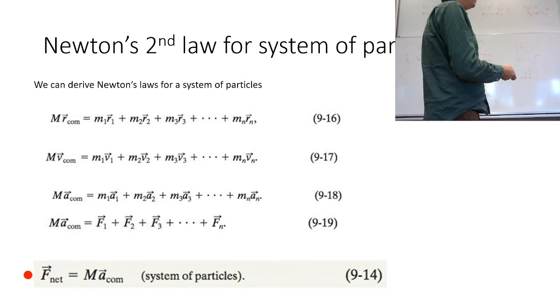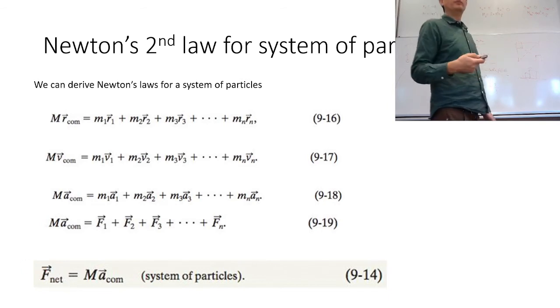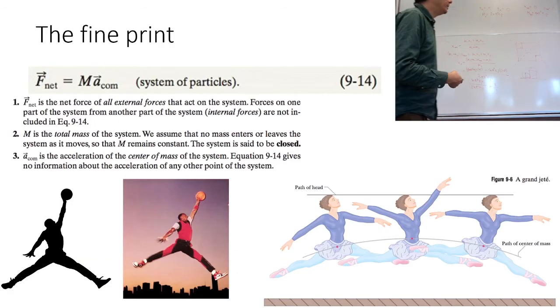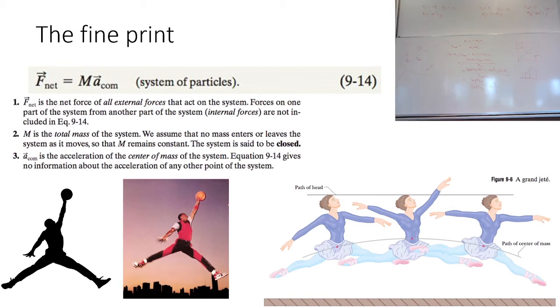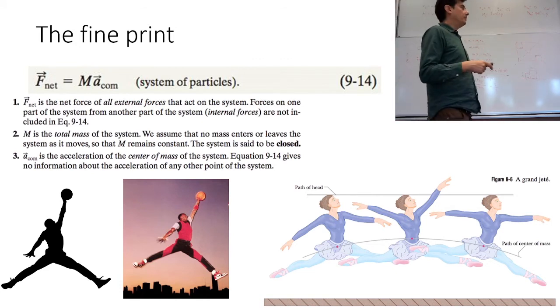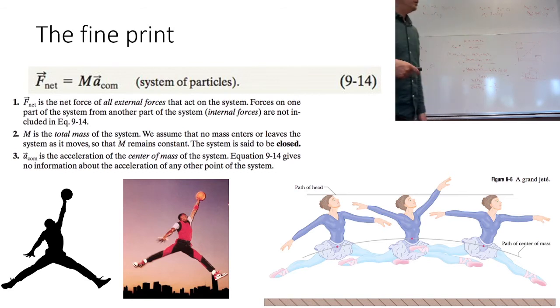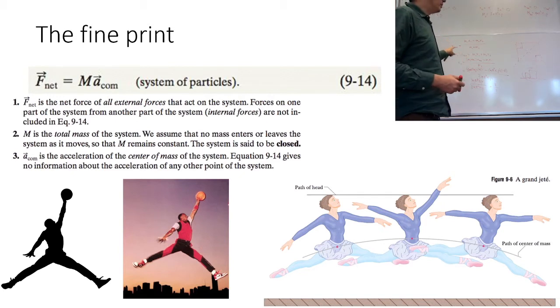So in a way, that's the definition of what the total force is. But more specifically, it's actually the net force of all the external forces that act on the system, and you don't have to count the internal forces on the system. I'll come back to this point.